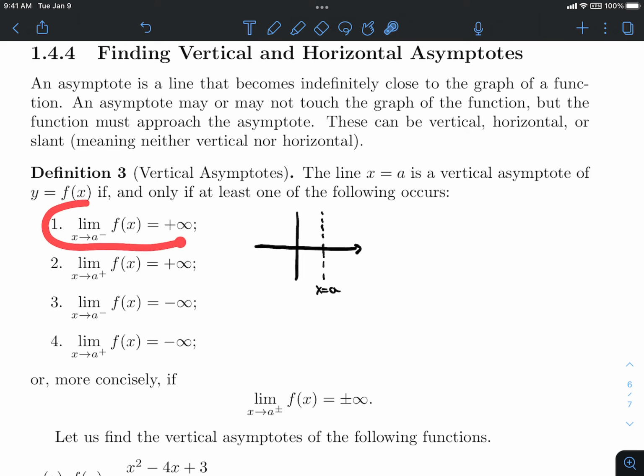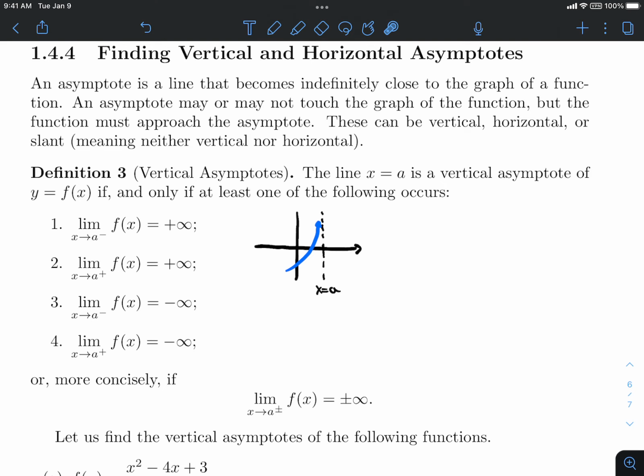Let's say number one, that the limit when x approaches a from the left is plus infinity. You're actually saying that the graph behaves like this. We're going up indefinitely when x gets closer and closer to a. What happens on the other end doesn't matter. We're looking at this end, getting closer and closer. As long as this is plus infinity, then we're good.